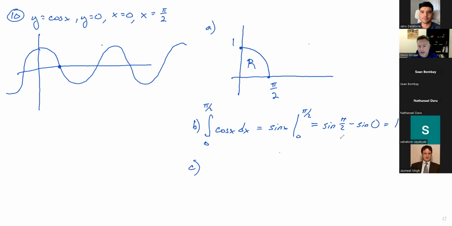Okay, then for C, the line x equals k divides the region into 2 equal halves. Find the value of k. Essentially, it's taking that curve and splitting it in half. You just don't know what that value is.